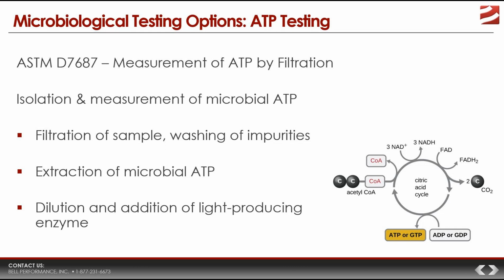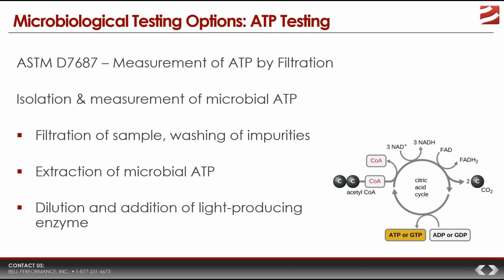Essentially, the microbial cells will actually burst open, and the ATP will be washed out into a diluting liquid, which can then be combined with a small amount of this special enzyme. And what the enzyme does, by its nature, is actually cause the ATP to glow kind of like a firefly. It glows when it's exposed to UV light, okay?